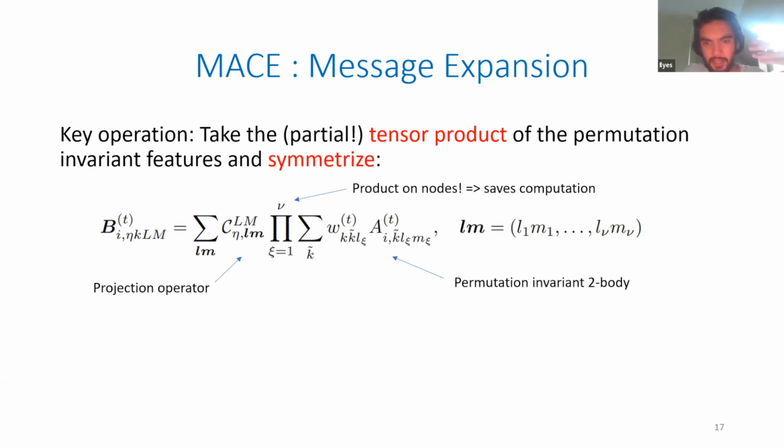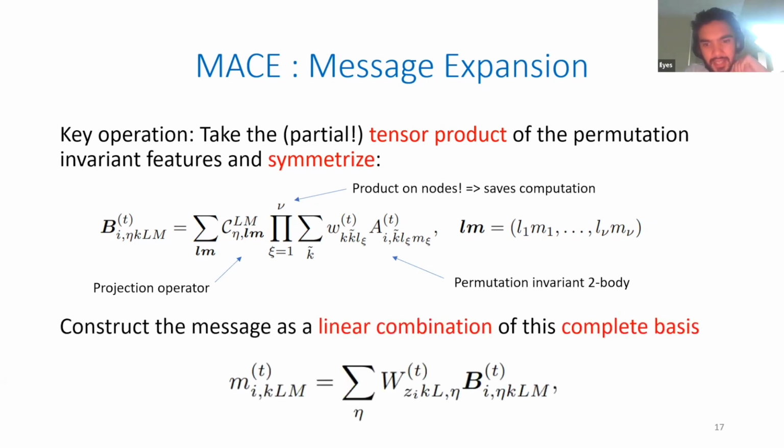And this is really the key operation, and it constructs these B features, which are a complete basis of equivariant features of a given correlation order nu, and David will say how you can show that they are complete. And then, because you know these are complete, you can approximate your message as just a linear combination of these B bases here.